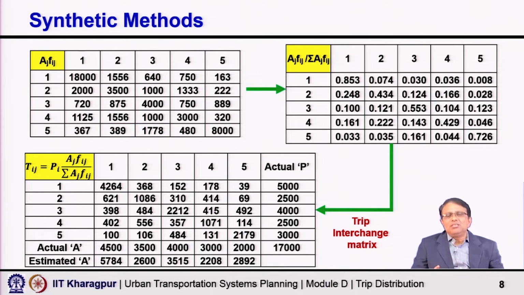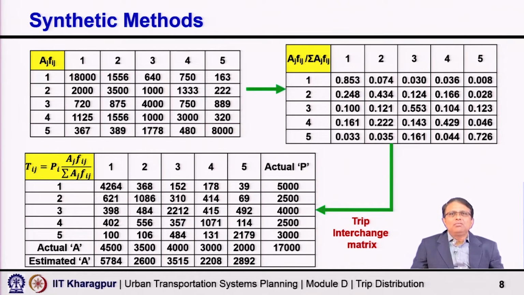I can do it like that for zones 1, 2, 3, 4, 5, for every zone I can calculate the sum over Aj Fij. Then each cell is divided by the total for the corresponding row. So, Aj Fij divided by the sum over Aj Fij, those values are shown in the second table on the right, right top.